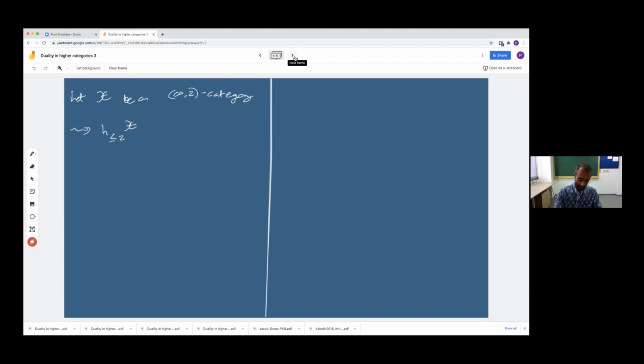So this will have objects equal to the objects of X. Then for X, Y in the objects, the mapping space, now the maps between X and Y should be a category, because I'm trying to construct a bicategory.